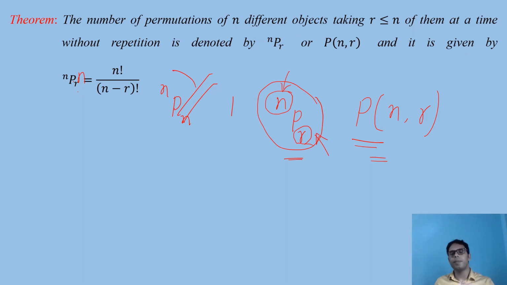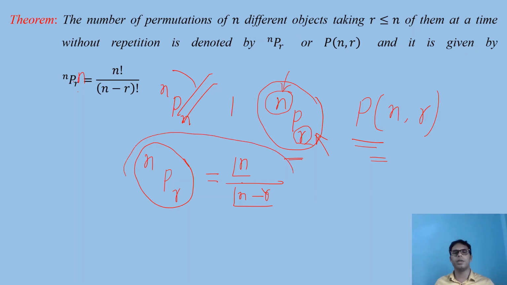So in case of permutation, when the objects are different, from n you are taking r, and the formula to find the value of nPr is factorial of n divided by factorial of n minus r. And how it is equal to this, we will prove that.